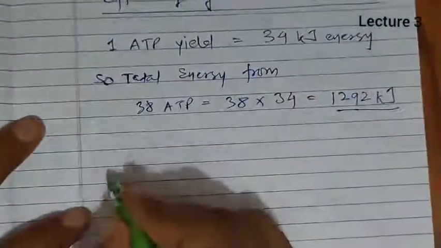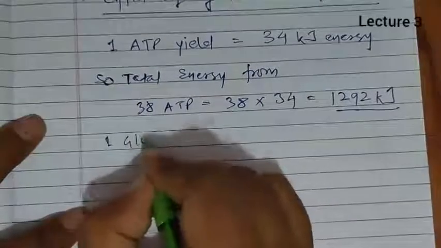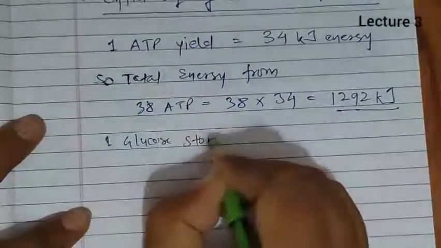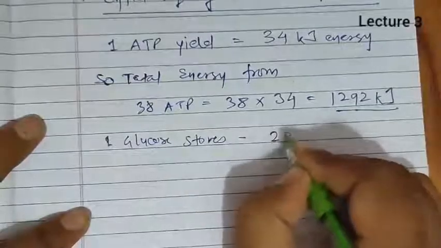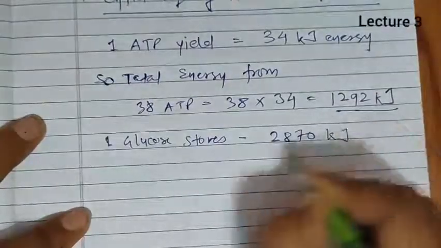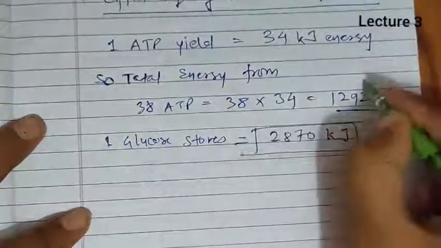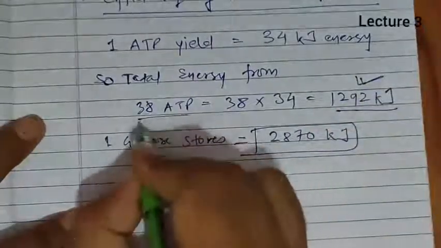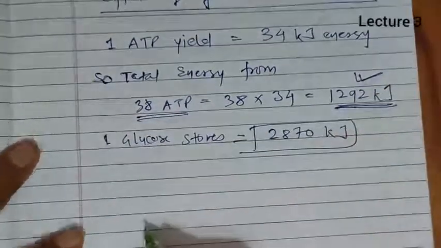Now one glucose stores 2870 kilojoule energy, but how much we extract in the form of ATP, that is 1292.